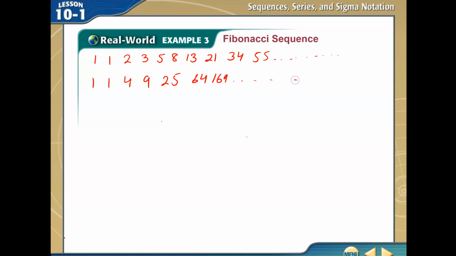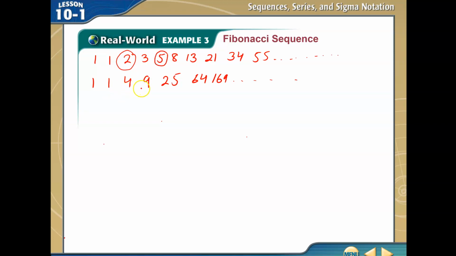So now look, you must be wondering why it's so special. Now I'm going to show you why this is so special. If you add the first two terms of this squared sequence, 1 plus 1, you get 2. 1 plus 4, you get 5.